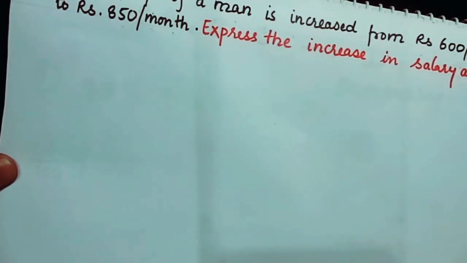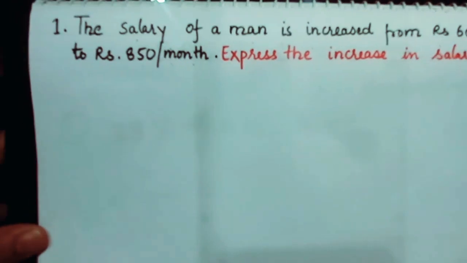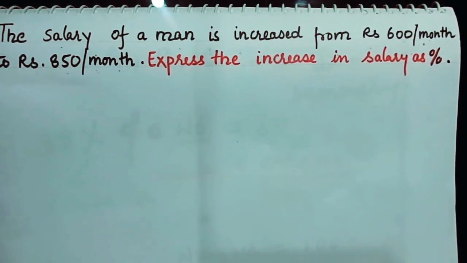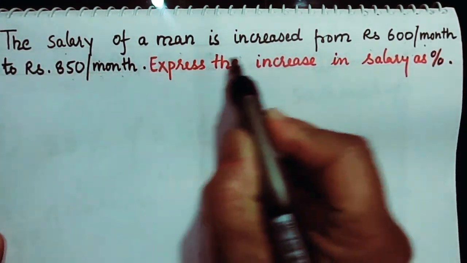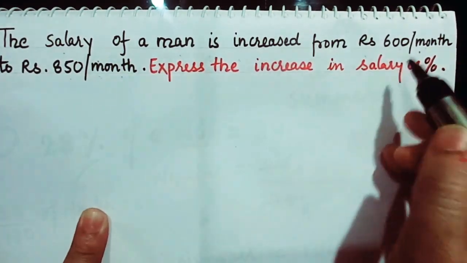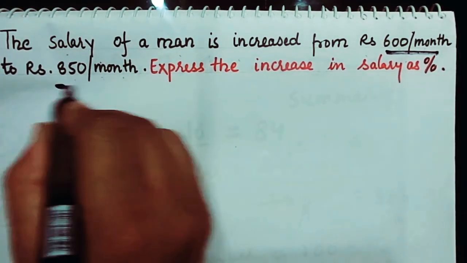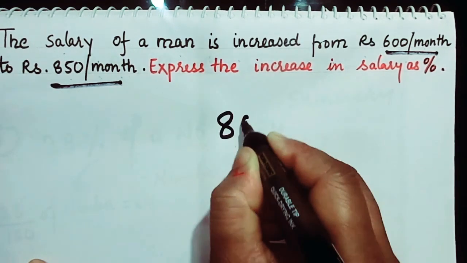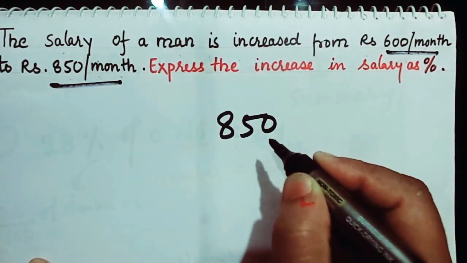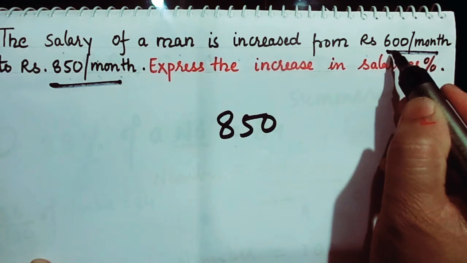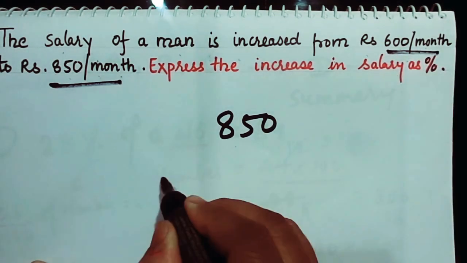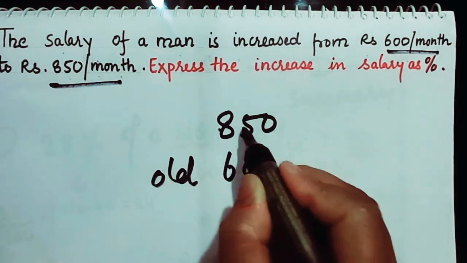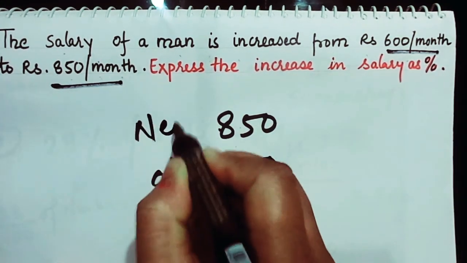This is the question which has been left purposely, and the question was, the salary of a man is increased from 600 per month to 850 per month. Previously the old price was 600 and the new price became 850.